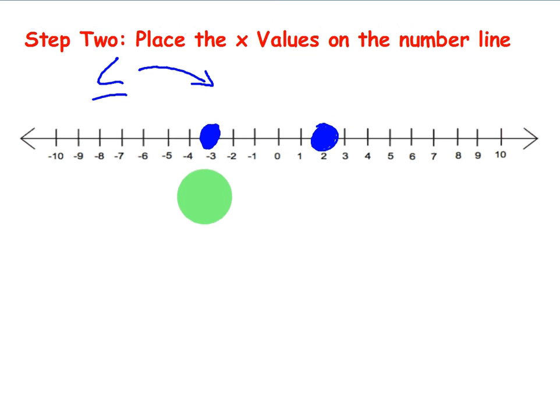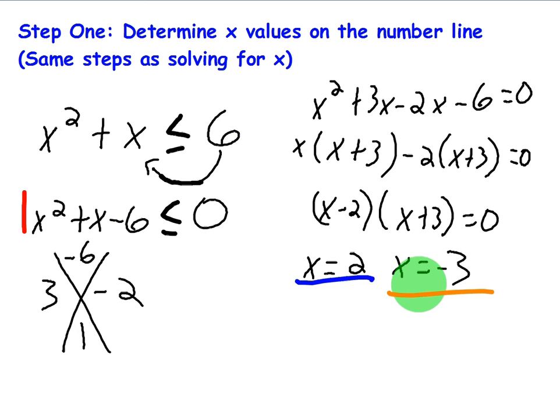But for this step, you're just going to place those x values on the number line. And again, if it's this, you would put a solid point because of this bar down here. This was in the original question, so that will influence our answer as we get through this problem.